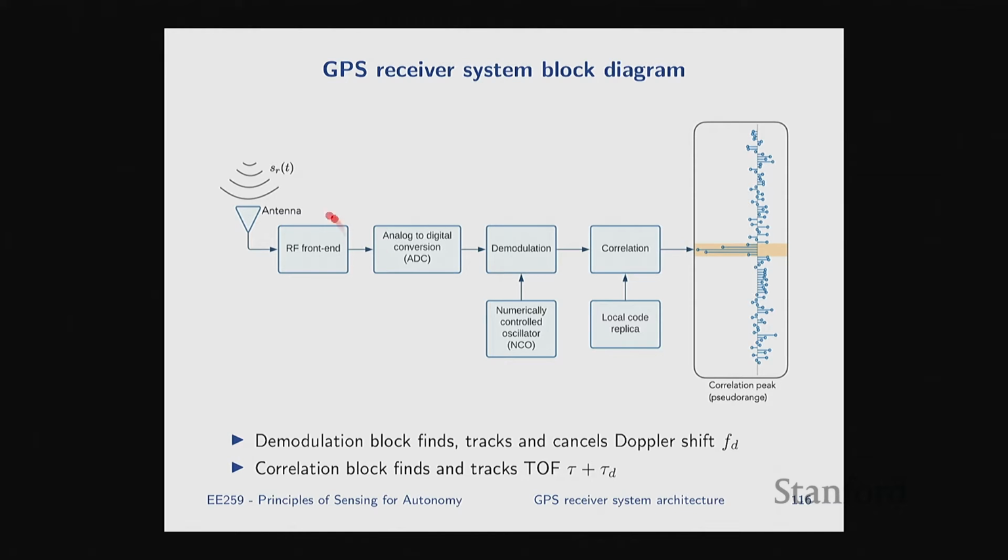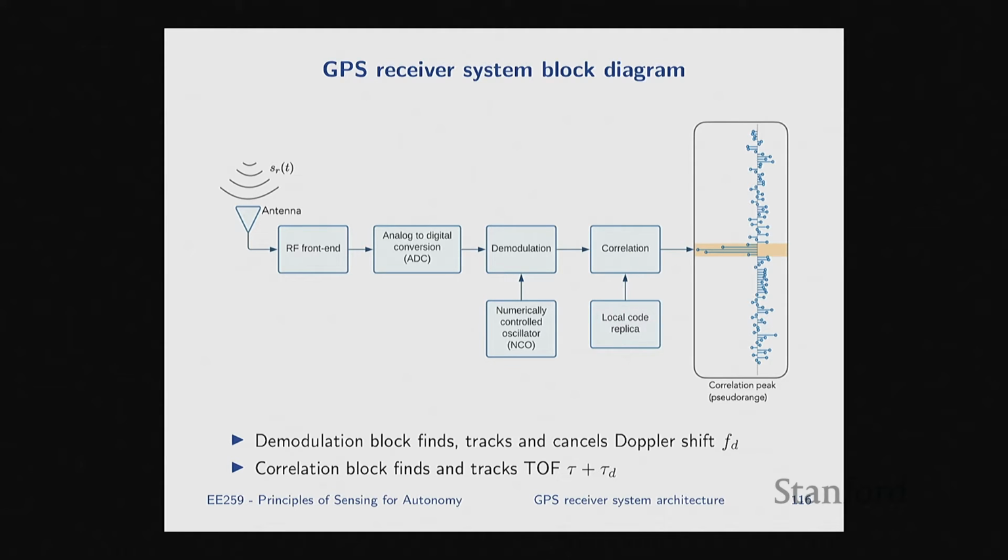There's an RF front end, and then the signal from there goes to an analog to digital conversion block, or an ADC. Then there is a demodulation block, which takes input from a numerically controlled oscillator, or an NCO. And then the output from that goes to the correlator, which has an input from a local code replica generator.